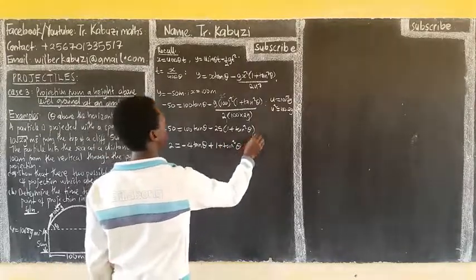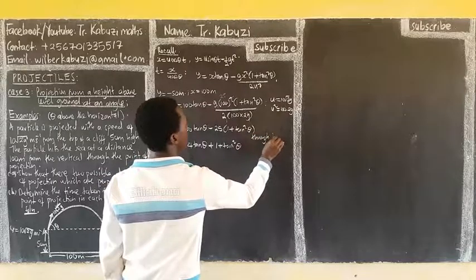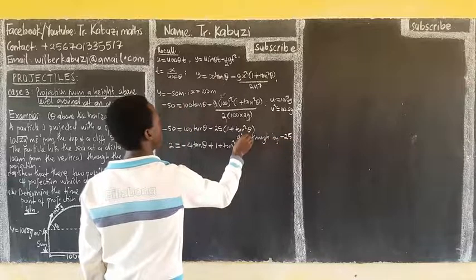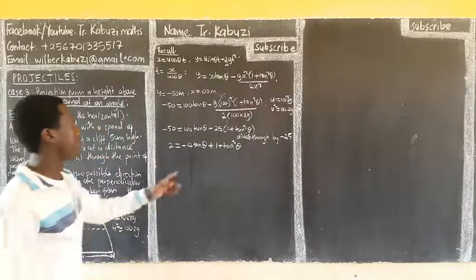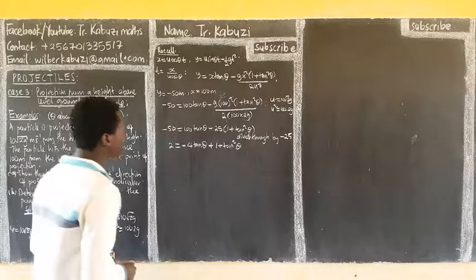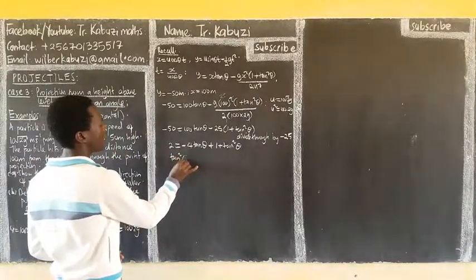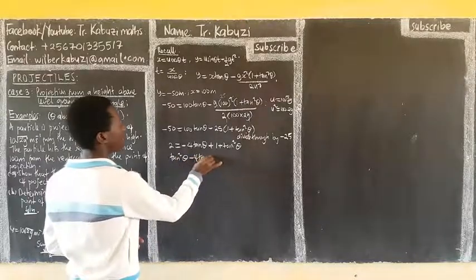So divide that by negative 25, we have here 2 equal to negative 4 tan theta plus 1 plus tan squared theta. Divide through by negative 25. So you can make this a quadratic. What are we having? We have tan squared theta minus 4 tan theta.